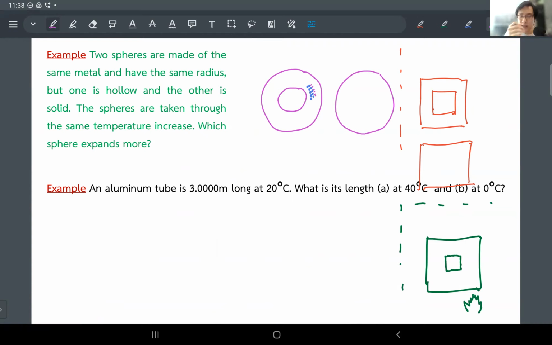So I would like to use the argument that each individual atom in the material won't be able to tell the rest of the structure of the substance. It's impossible. So it does things locally. It's just going to push away all the neighboring atoms: hey, get out of here and get a little bit further away from me, on and on. So the answer will be the same. Okay, does that make sense?